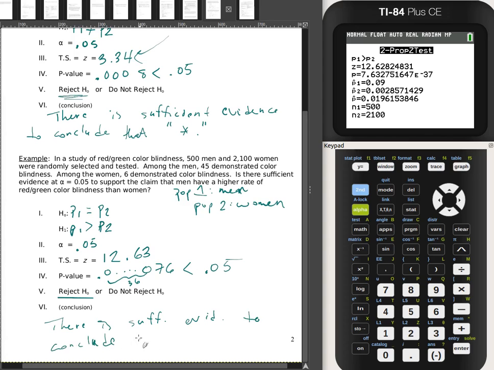It's up to you to finish this one. There is sufficient evidence to conclude that, I'm going to say what mine would sound like, men have a higher rate of red-green colorblindness than women, period. It would be a well-stated conclusion.